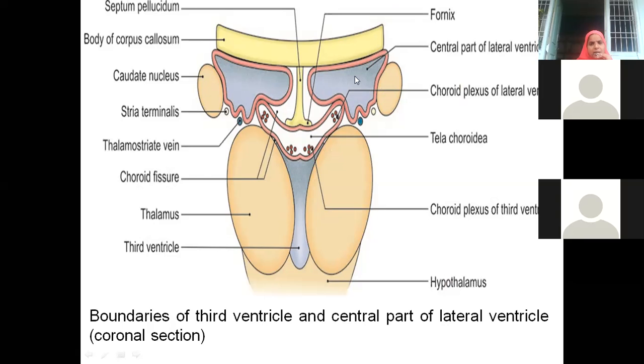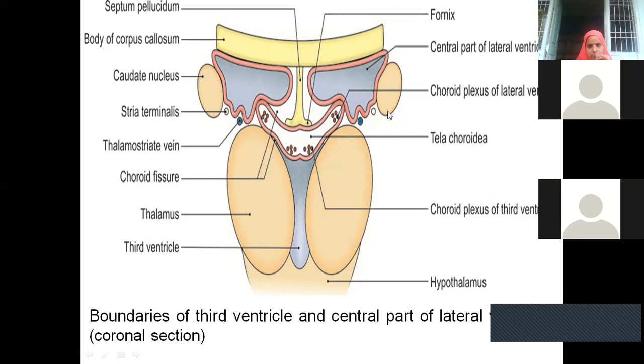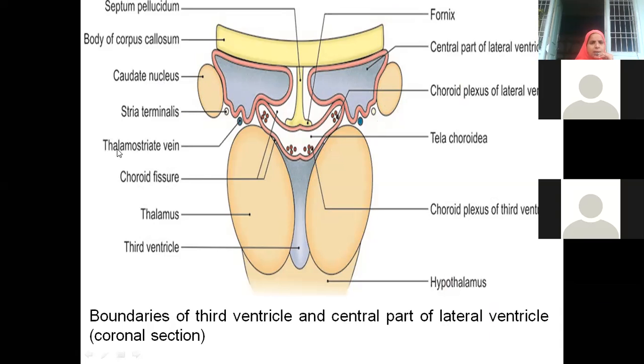So laterally, the relationship is the caudate nucleus. And these are the inferior relations. Inferiorly, we see the stria terminalis and thalamostriate vein.